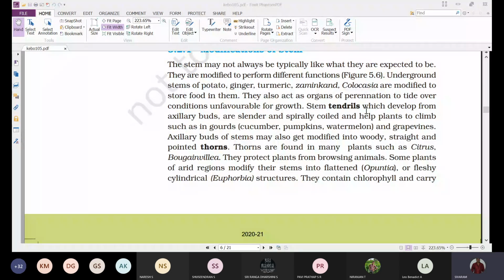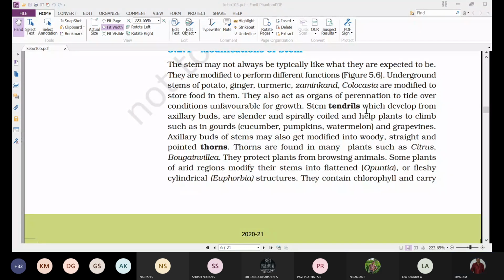As these underground stems are storing the food material, even if, due to certain reasons, the upper part of the plant is removed, either by grazing animals or by the wind or by floods or something like that, that means the aerial part of the plant might be destroyed.